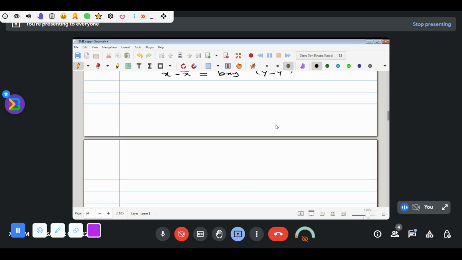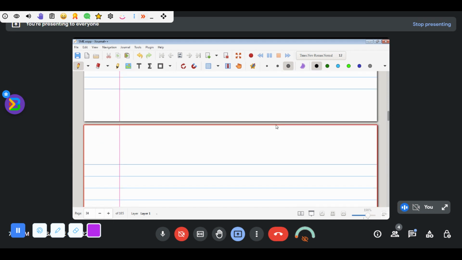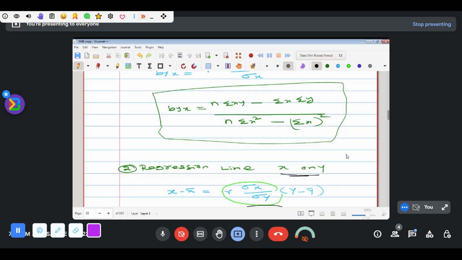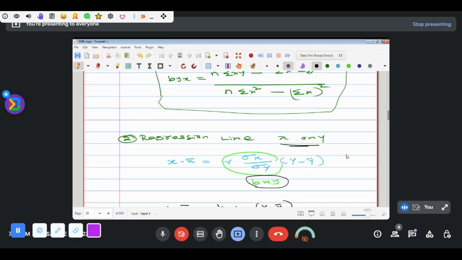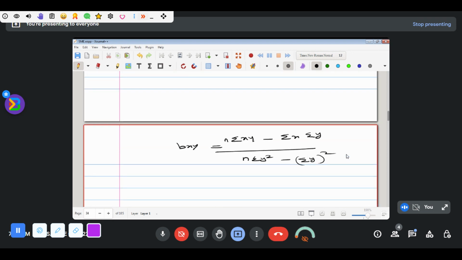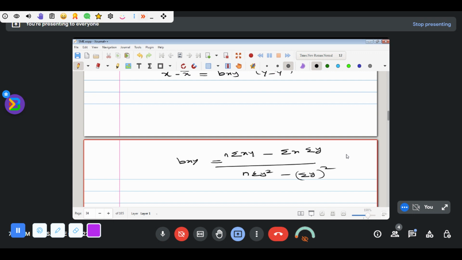What is the formula of bxy? Same idea as byx: the numerator is the same, only the denominator changes. n into summation xy minus summation x into summation y, divided by n into summation y squared minus summation y the whole squared.